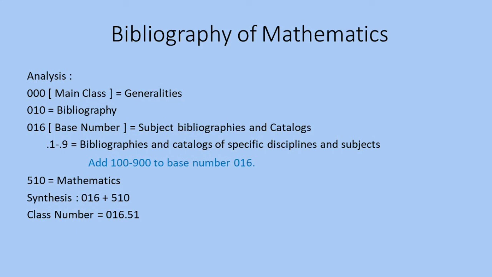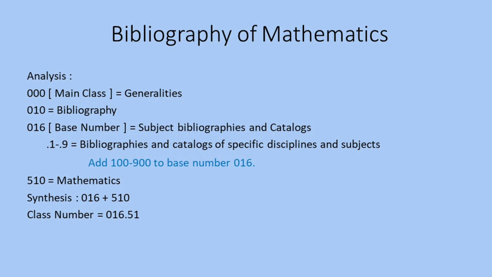But under 016 there are many subdivisions like our previous example. Under 016.1-016.9 this notation is for bibliography and catalog of specific discipline and subject. From here you can add, there will be an instruction.